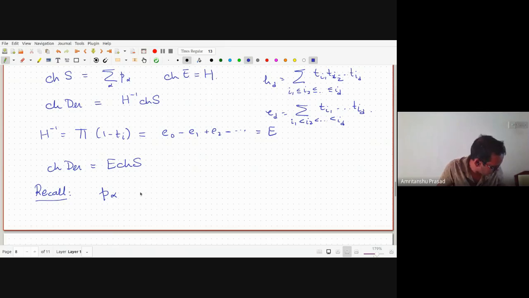This is given by the sum over lambda, a partition of the size of alpha, of chi lambda alpha times S lambda.